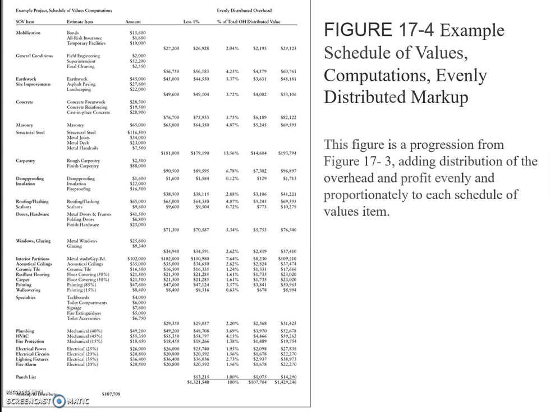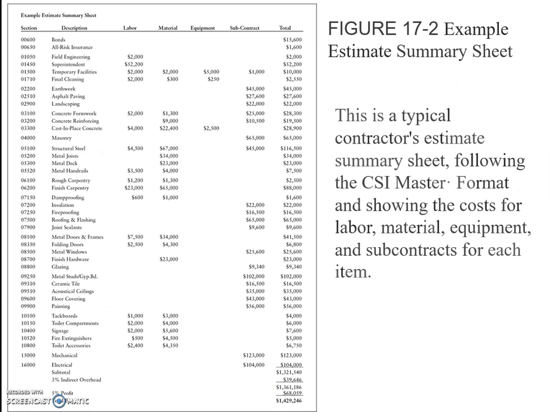So the right column labeled value over here will be the value shown on the schedule of values. So the total of this column is the contract amount, which is 1.429, which is the same as over here in the previous one for the estimate.